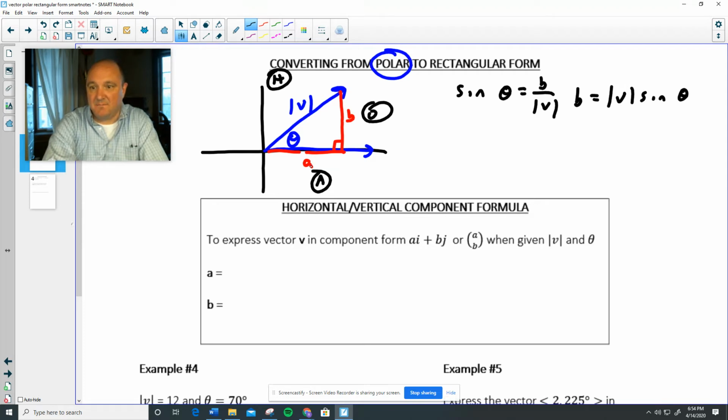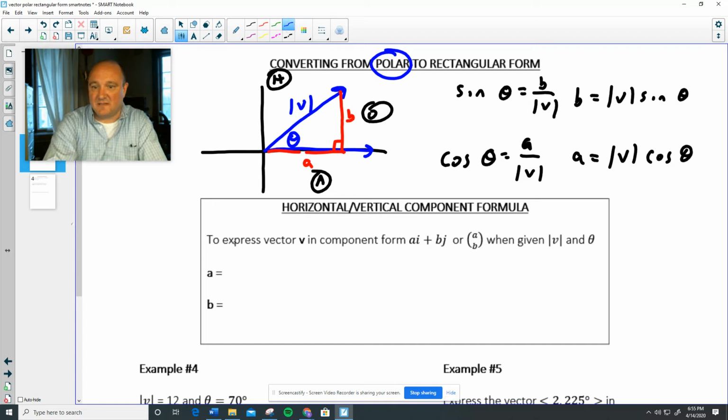Let's look at A. A is the adjacent side with respect to theta. So I'm trying to find the adjacent side. I have the hypotenuse, A and H. That's cosine. So the cosine of theta equals A over the magnitude. Again, solving for A, cross multiply, A equals magnitude times cosine of theta.